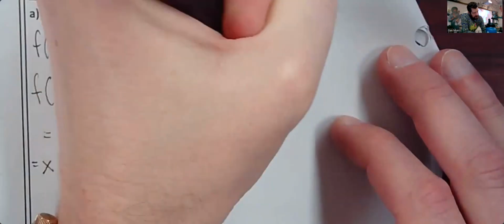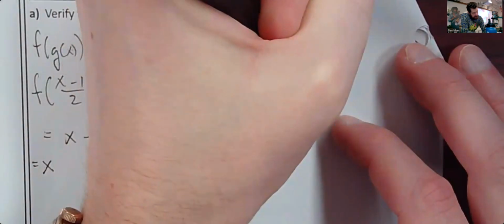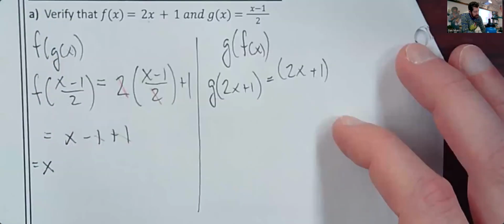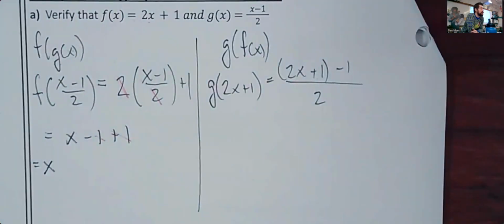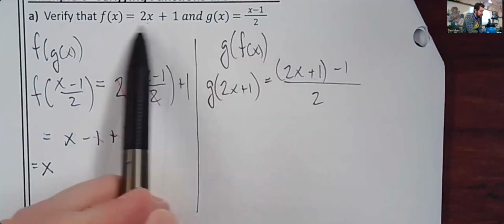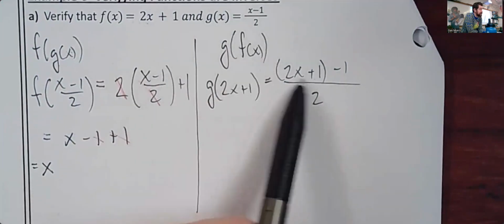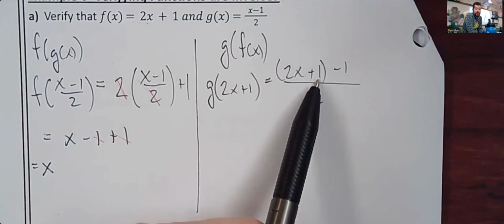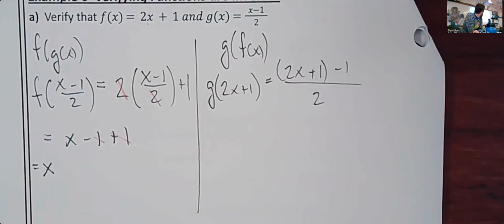So on the numerator here, we're going to have 2x plus 1 minus 1 over 2. So we're taking the value of x here, and we're swapping it out with the function f of x, which is 2x plus 1. And then we'll go ahead and simplify the numerator.